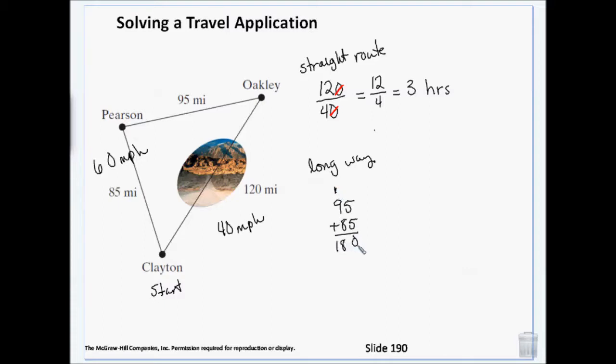So it's 180 miles total. And then I'll take that 180 miles and divide it by 60 miles per hour. Again, my zeros can cancel each other out. So I've got 18 divided by 6. 3 hours.